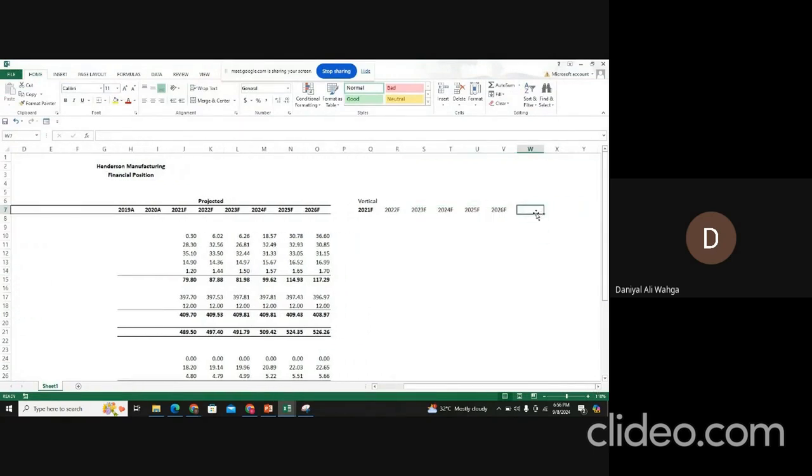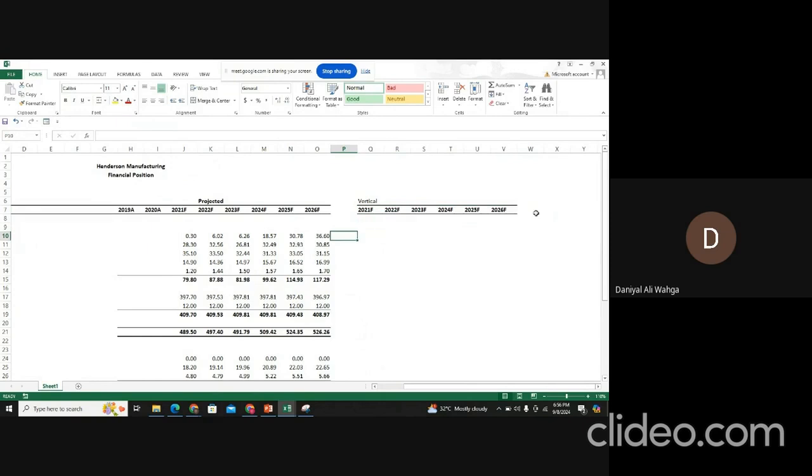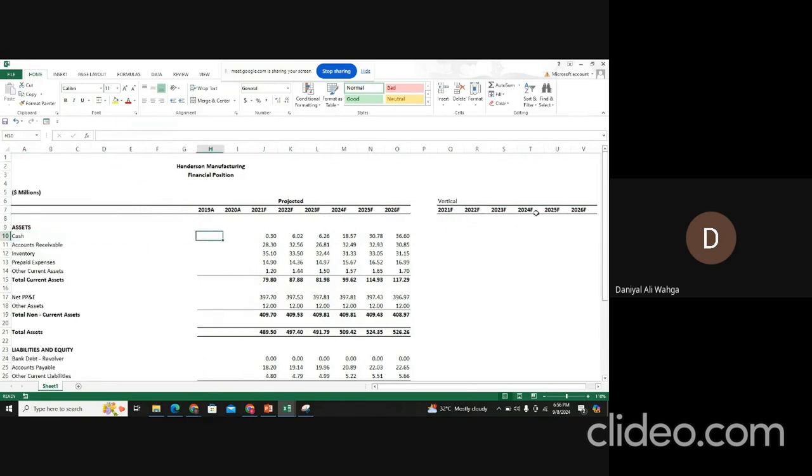There is no 2027. Now I'll select those and make them bold. Control B, Alt H B, and I need to add a top and a bottom border. What is cash as a percentage?